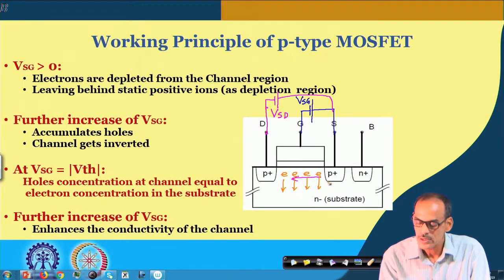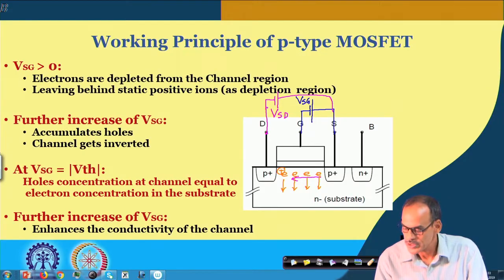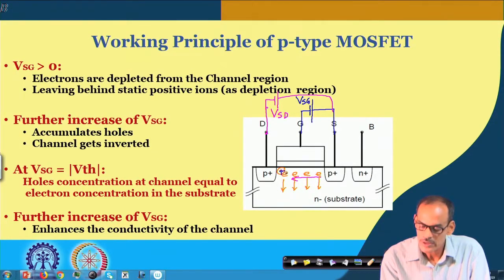As a result, it leaves behind positive ions there. Let me use a different color to represent that. It leaves behind the positive charges there, but they are static ions. Of course, they do not participate in the current flow, but they work like a depletion region.